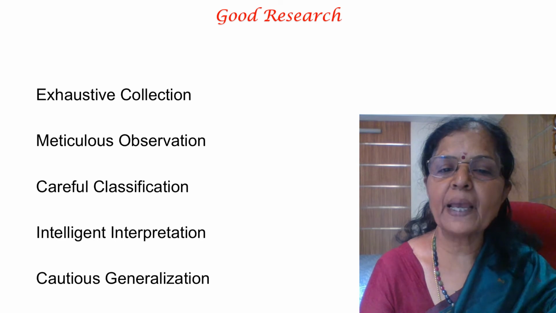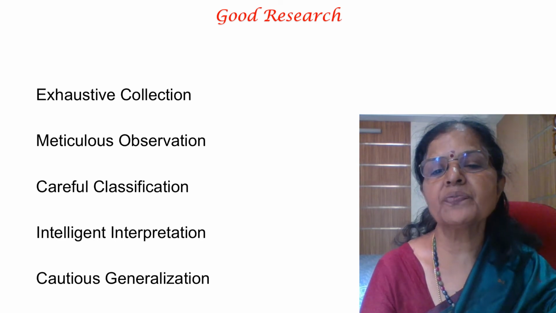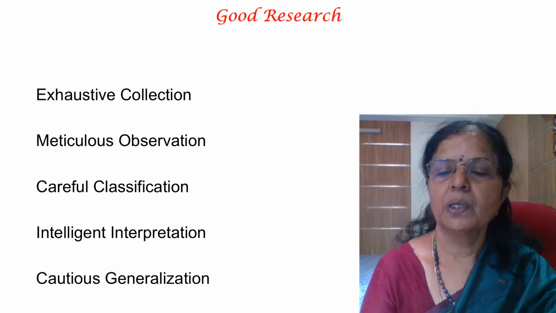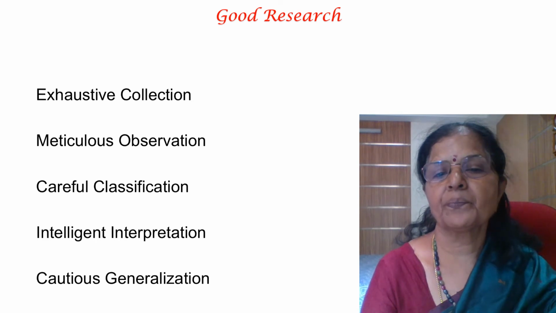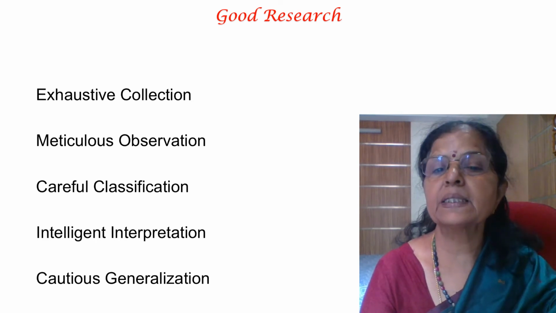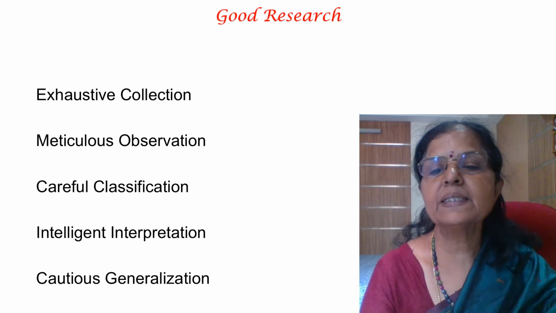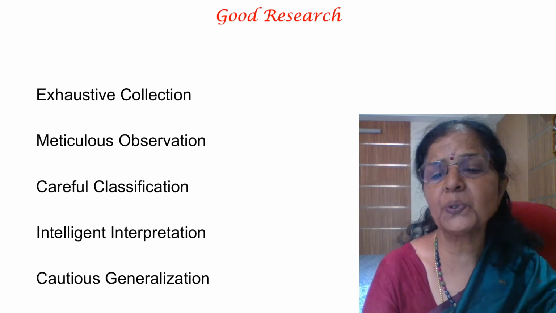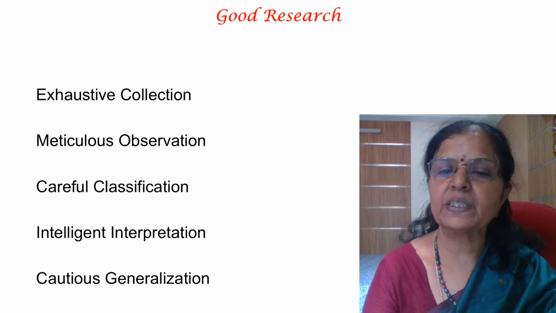And Francis Bacon, an English philosopher who has contributed much to scientific methods, as you know, research is very much a scientific method, has listed the various steps in beautiful words. Just listen to it, you will simply love it.